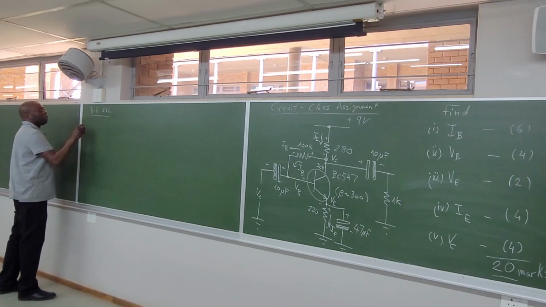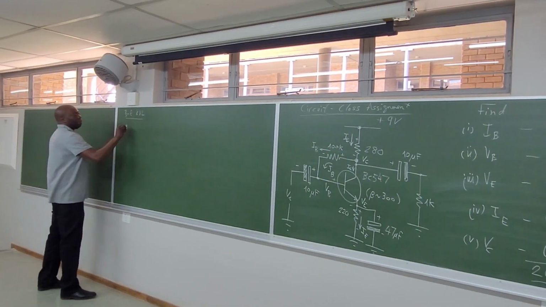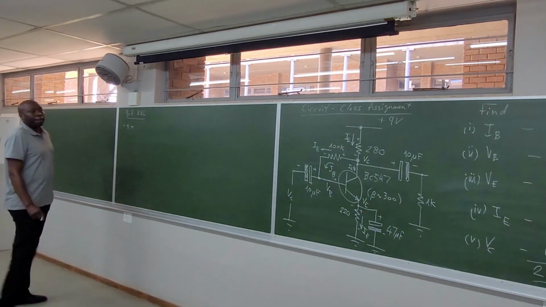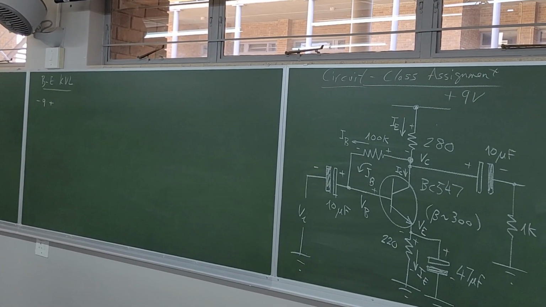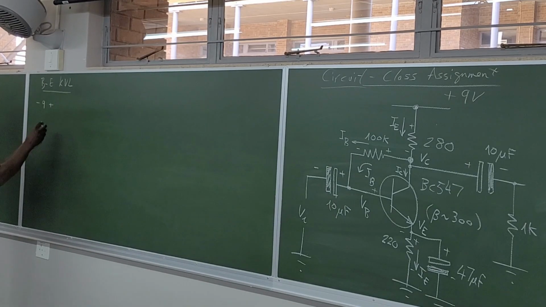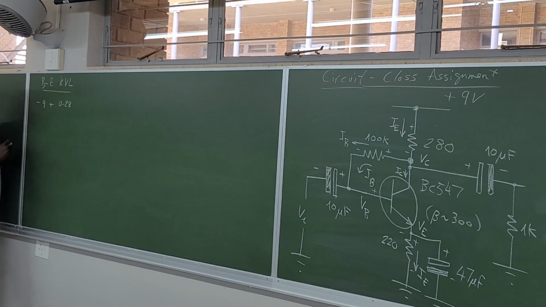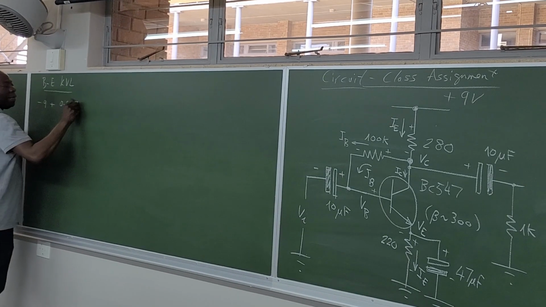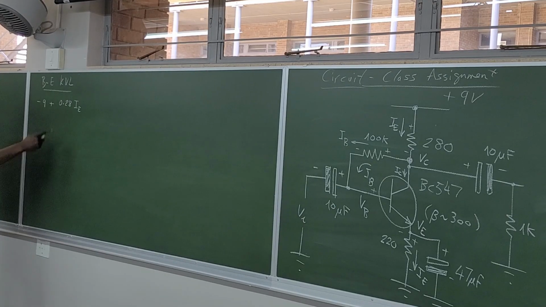So we all agree now that it's minus 9, plus 280 ohms. There is 100K. So we can mix and match units. I'm just going to say 0.28K, and that means that current is going to be in milli, isn't it?